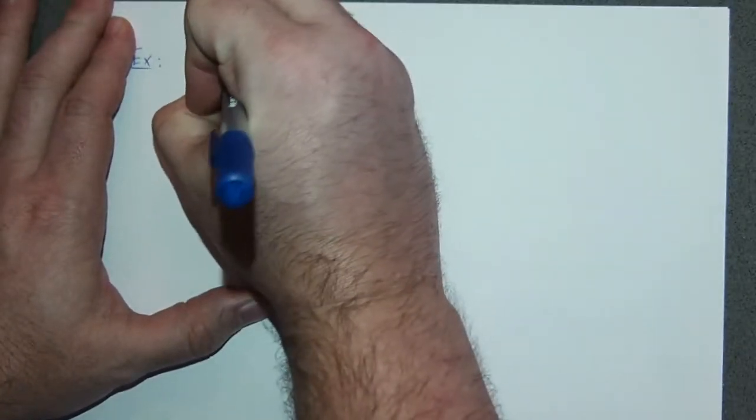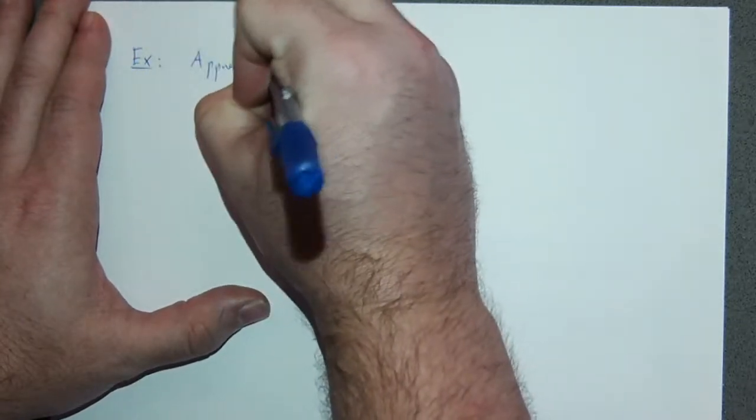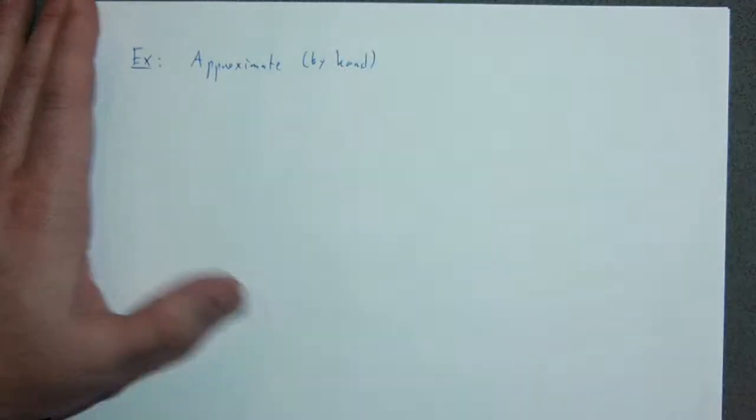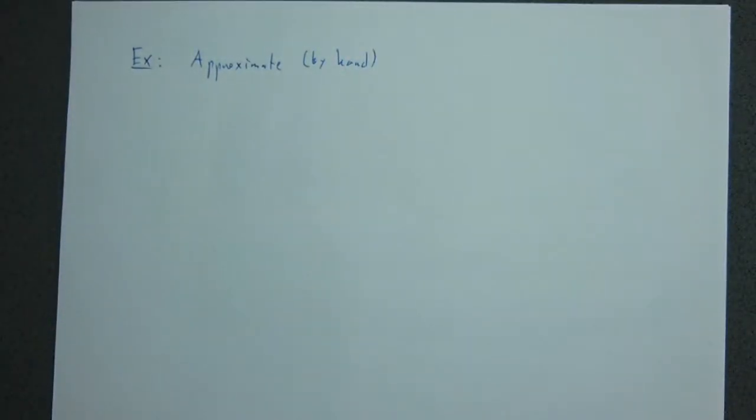So here's an example, and this is how these problems might show up. These problems might not show up as a use tangent plane approximation. They might show up in a hidden way. Okay, and so here's an example. Approximate by hand. So when I say approximate, I don't mean plug into your calculator of choice.